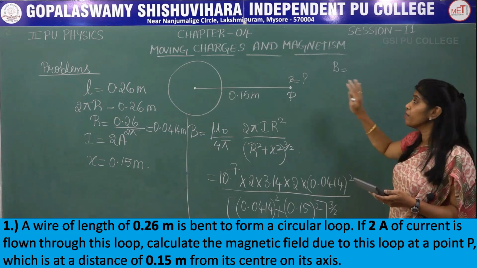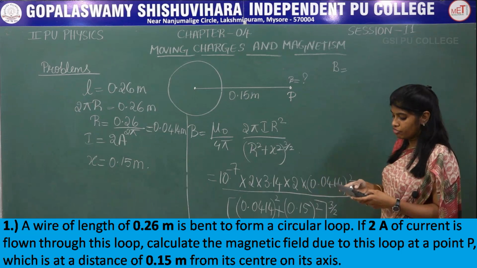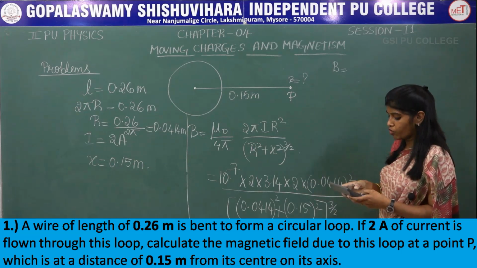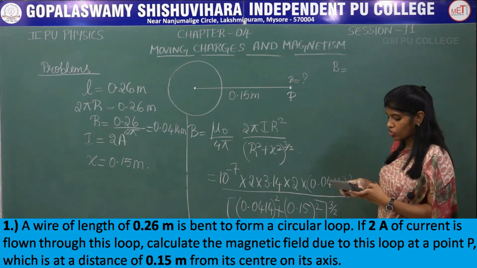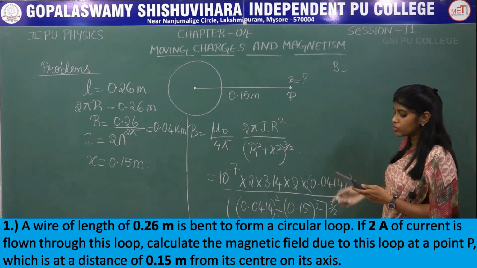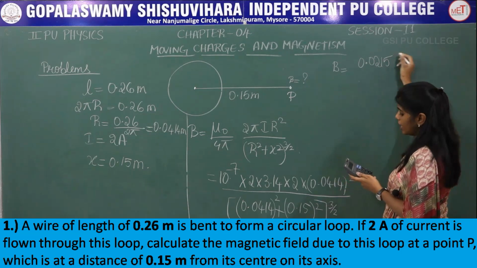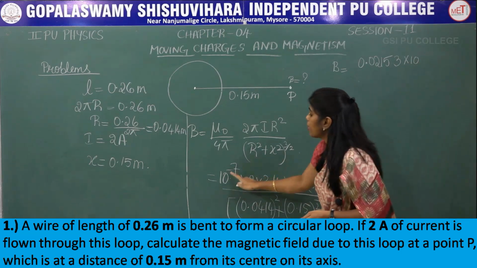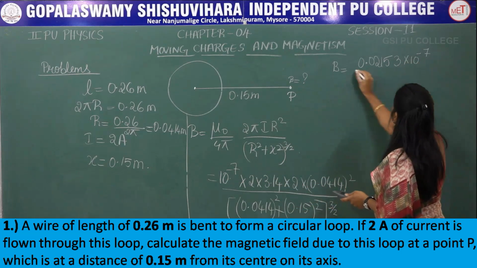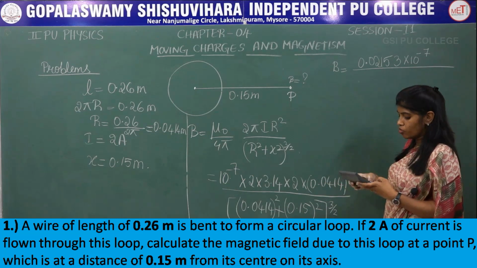The magnetic field B will be equal to 2 into 3.14 into 0.0414 into 0.0414, which will be equal to 0.0215 into 10 power minus 7, which will be kept as it is, whole divided by, coming to the denominator, we have 0.0414 square.